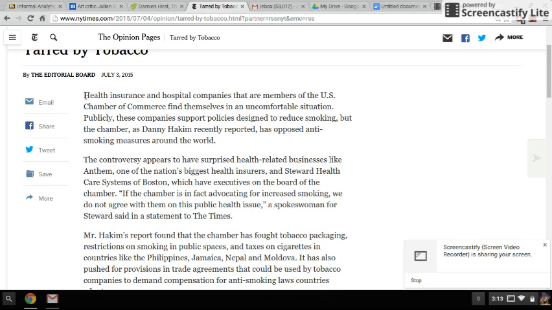For instance, this would be statement one. Health insurance and hospital companies that are members of the U.S. Chamber of Commerce find themselves in an uncomfortable situation. And then you would just go through everything that actually constitutes a statement. For instance, things that are questions or orders or commands, things that don't make any claims about the world would not count as statements.